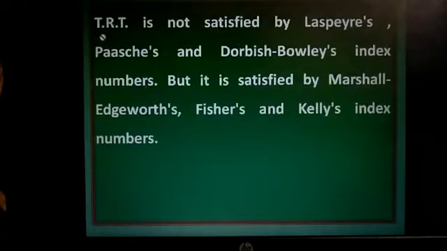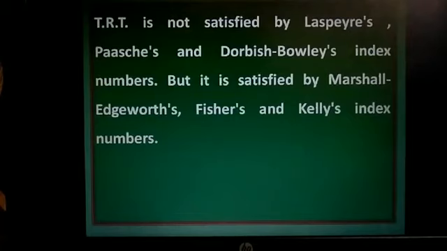This time reversal test is abbreviated as TRT. It is universally accepted, so you can write time reversal test as TRT. TRT is not satisfied by Laspeyres, Paasche's and Dorbish-Bowley's index numbers, but it is satisfied by Marshall-Edgeworth's, Fisher's and Kelly's index numbers.